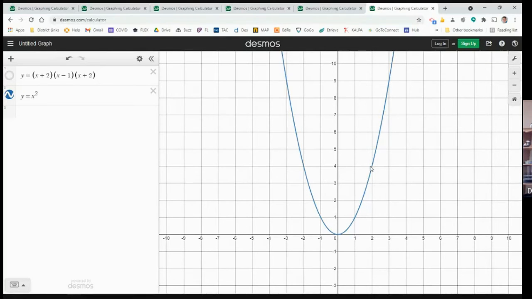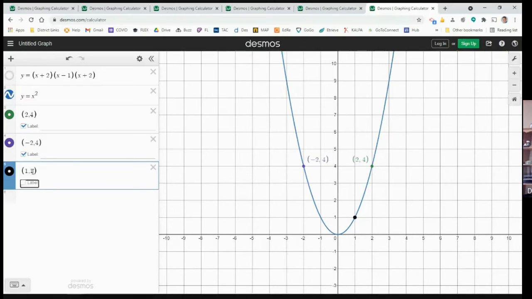So if we have the point right here, I'll put the point 2 comma 4. So we have the point 2 comma 4. That means if it's symmetric, we should also have the point negative 2 comma 4, which we do. If we have the point 1, 1, we should also have point negative 1, 1, which we do.